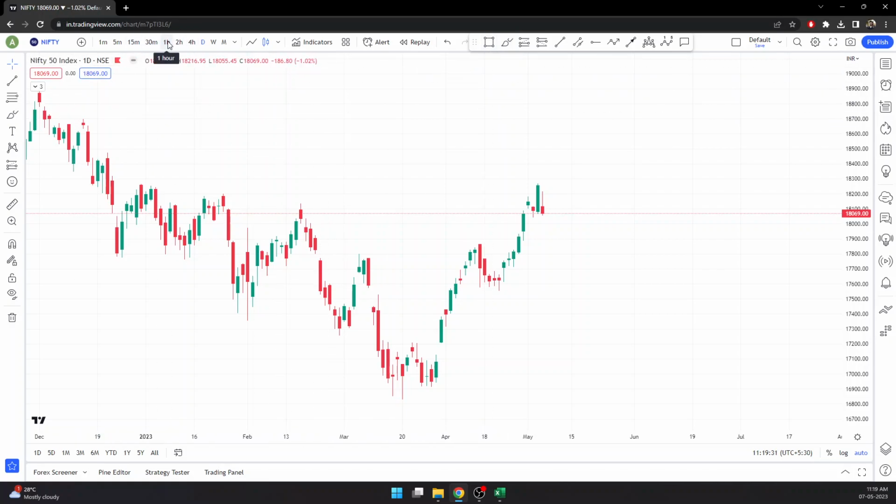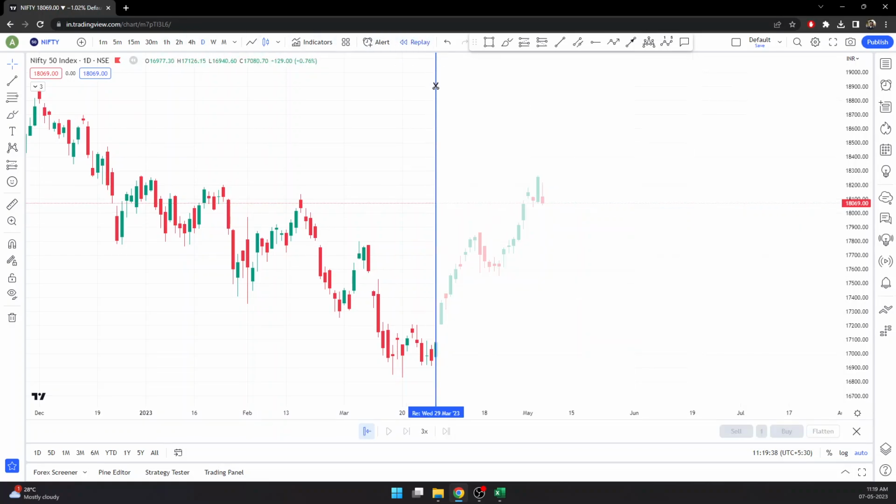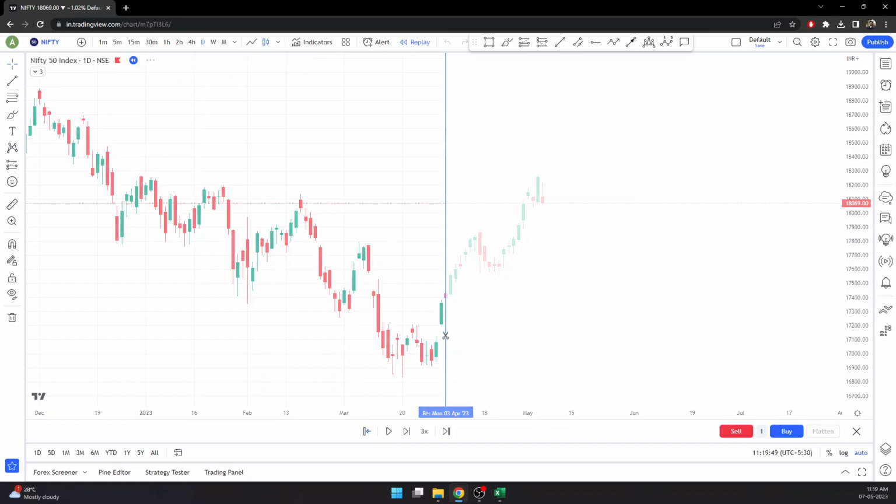So we had our conclusion that our main trend is uptrend here. So let's go to the 1 hour time frame, and today we are going to backtest our Nifty 50 index starting from the 1st of April, for the whole April month till May 7th.